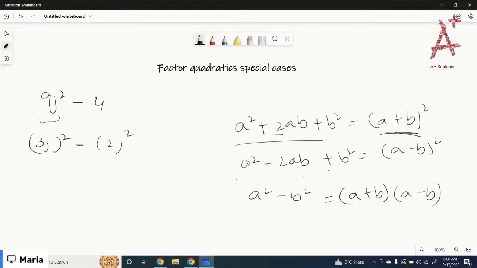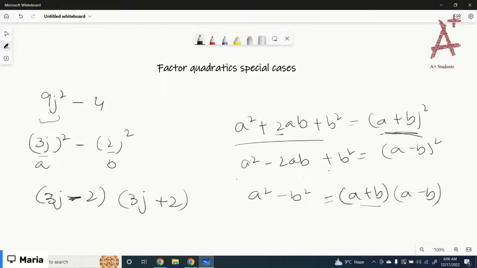Like 9j square is the square of 3j and 4 is the square of 2. It would be 3j square and 2 square. So you can write them as a plus b and a minus b. So a is 3j, b is 2. So it would be 3j minus 2 and 3j plus 2. Got it?